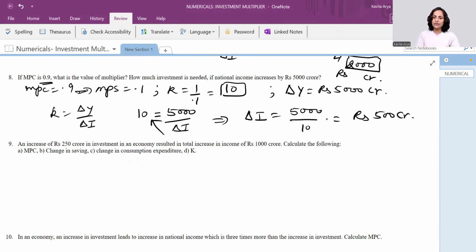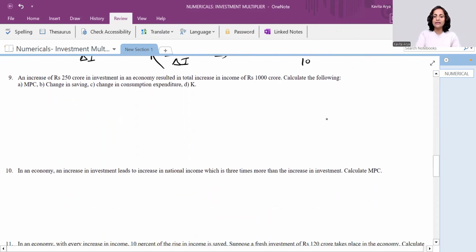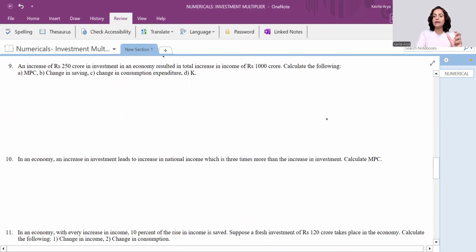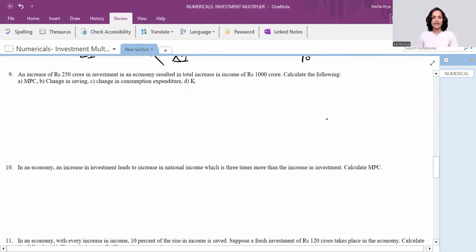So the point is, these things are very easy. Once we are done with the answer, we should try to relate it: is it relatable or not as per our understanding? So let's continue. The increase of 250 crores in investment resulted in the total increase in the income of rupees 1,000. What does it mean?